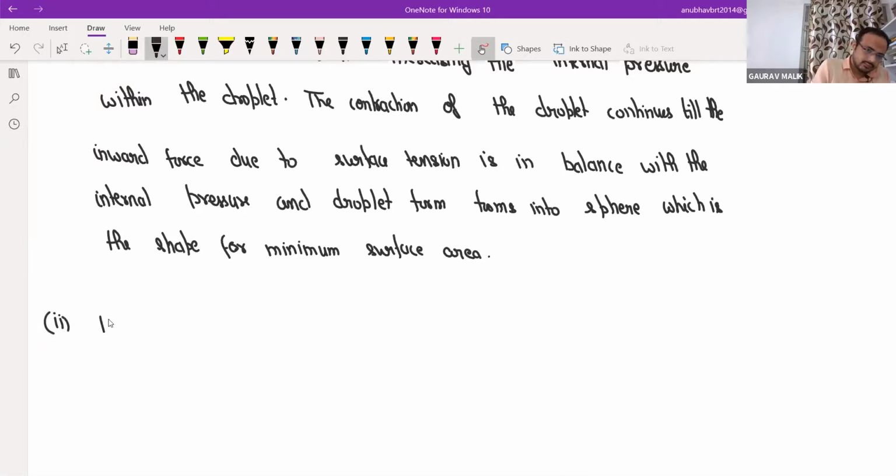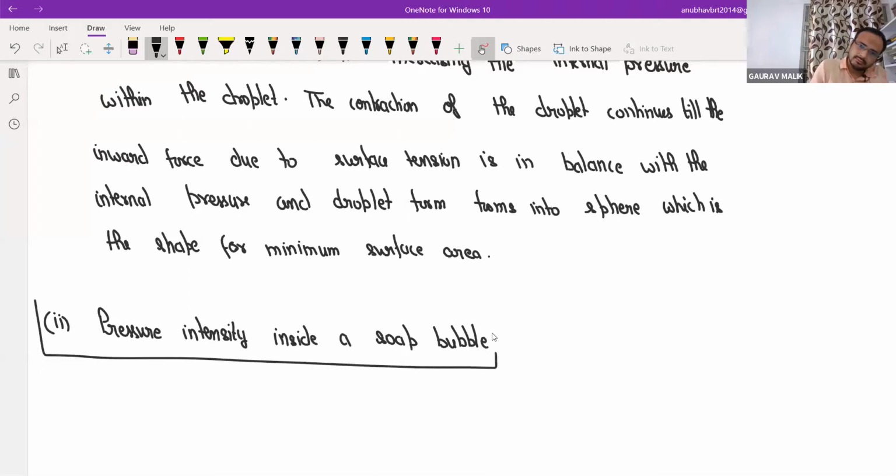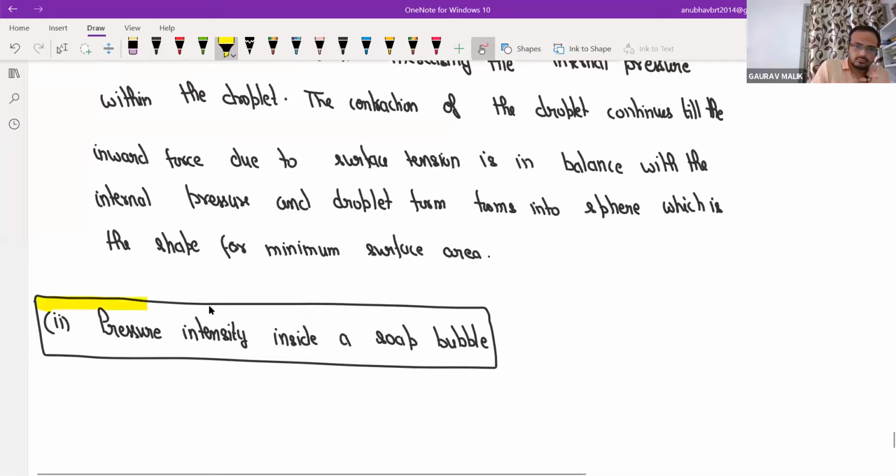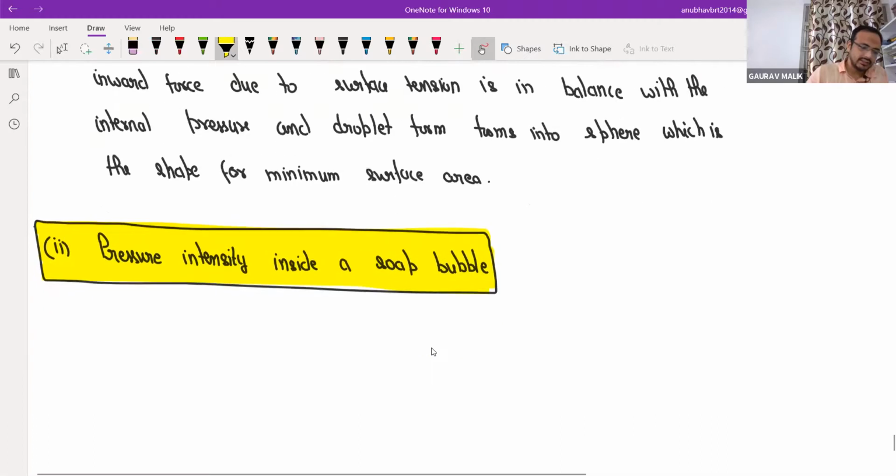Second one is pressure intensity inside a soap bubble.